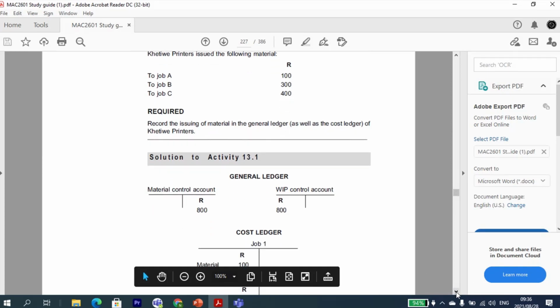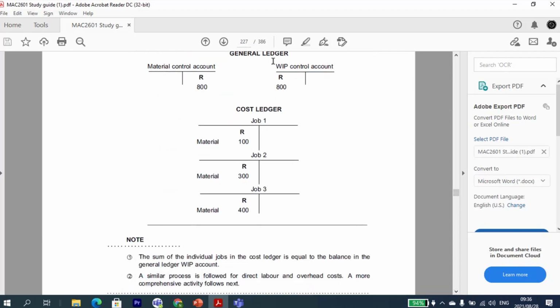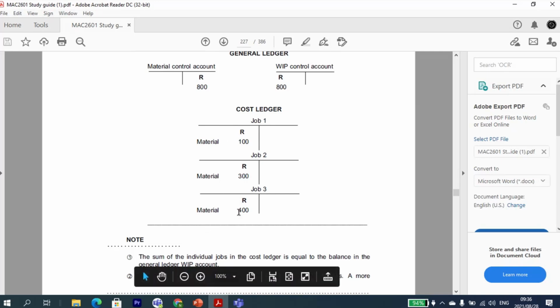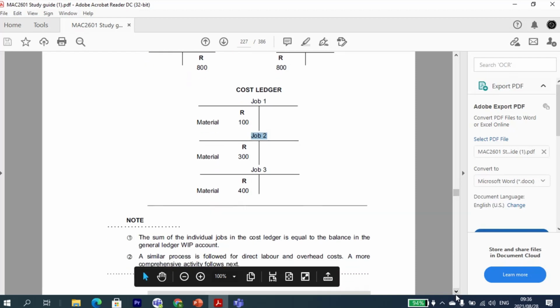But you will need to create a cost ledger specific to those jobs to show that job 1 material was 100, job 2 cost was 300 and job 3 was 400. Inside the general cost control accounts, it will be all lumped up. But when it comes to the cost ledger itself, that's when you will start making those splits to say there's job 1, job 2, and job 3. So I hope that makes sense.